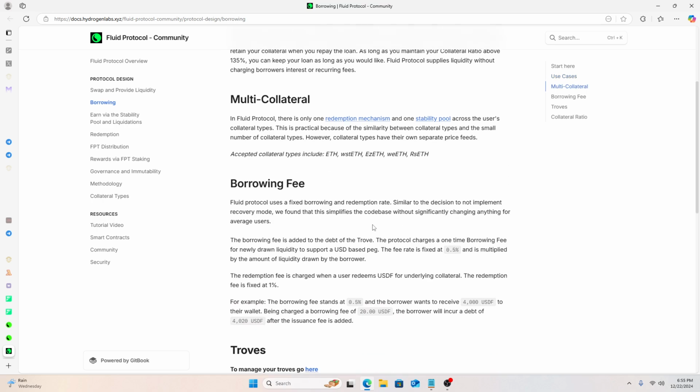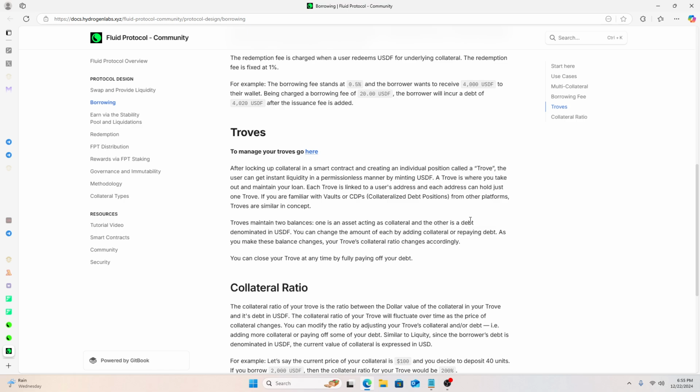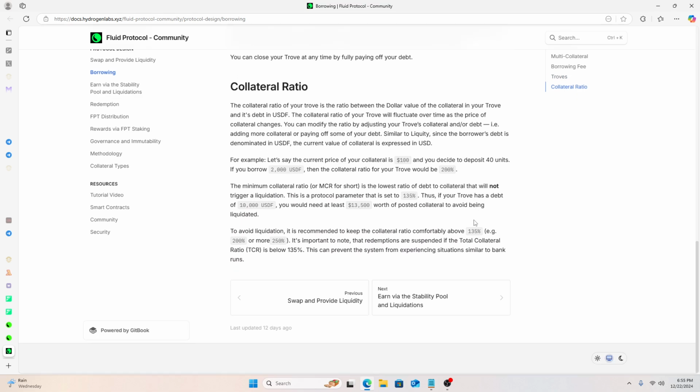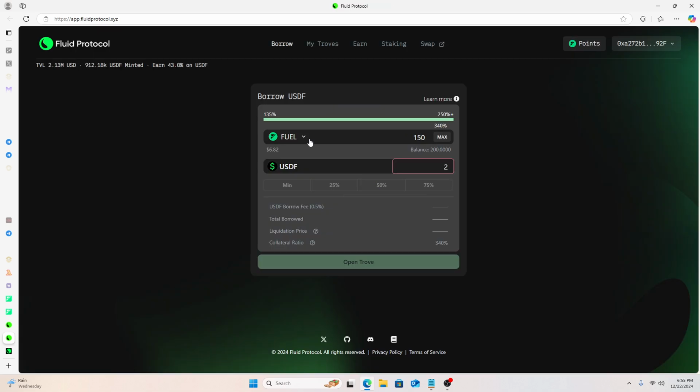Just a moment. Now I don't know why, this is greyed out. 25% of max borrowable. Max borrowable is supposed to be 3.79. So I don't know what's going on here.